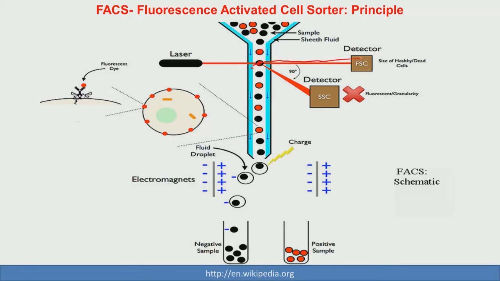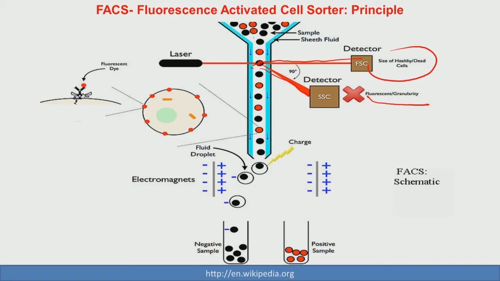There are two types of scatter, side scatter and forward scatter, shown here. Side scatter essentially tells you the size of healthy or dead cells, and the forward scatter and side scatter will tell you about the fluorescence and granularity changes.